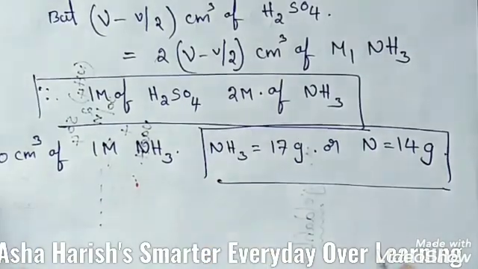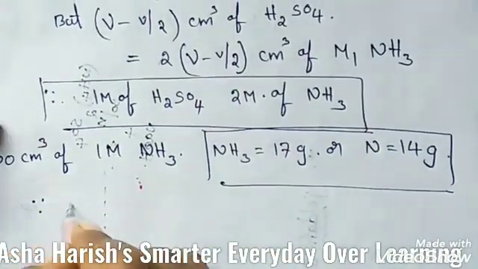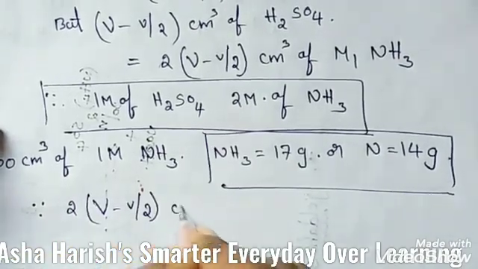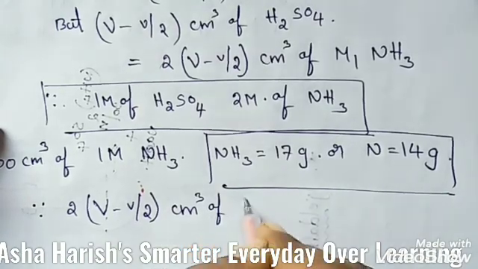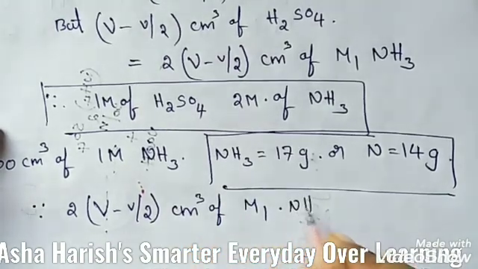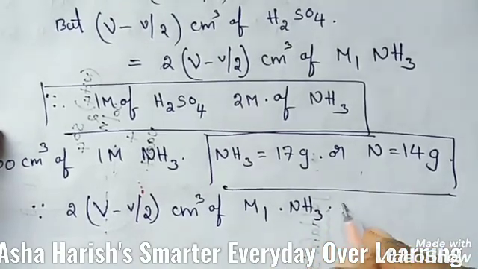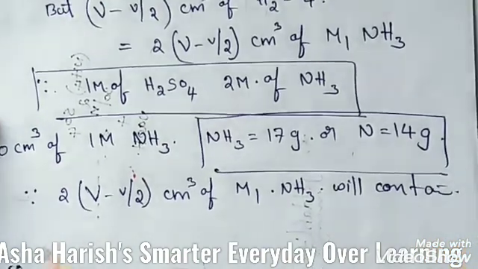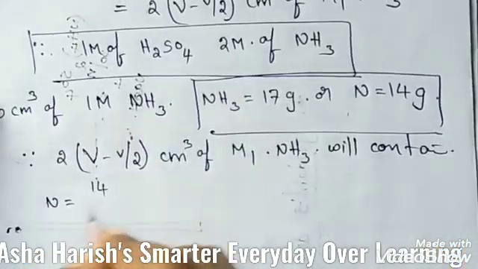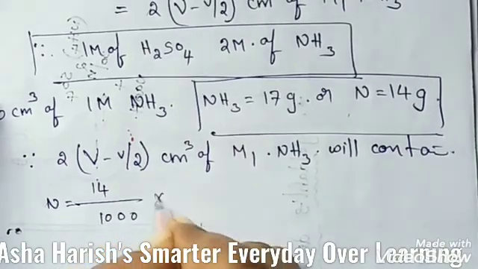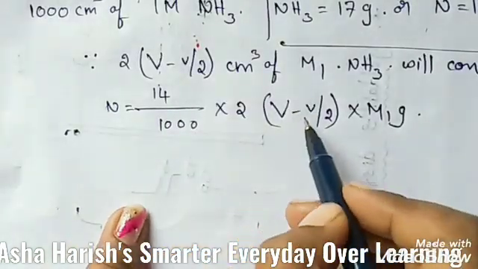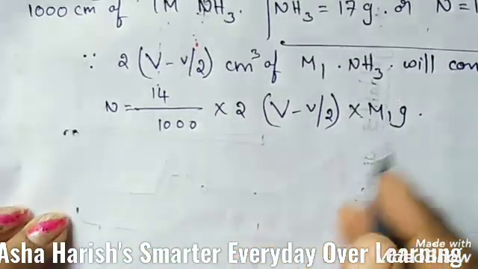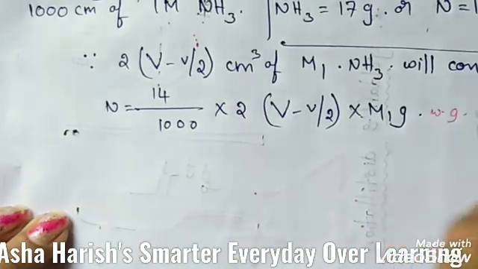N is 14 grams. From 2 into (capital V minus small v by 2) cm³ of M1 of NH3 will contain N equal to 14 by 1000 into 2 into (capital V minus small v by 2) into M1 grams. This is the mass of nitrogen present in W grams of the substance.